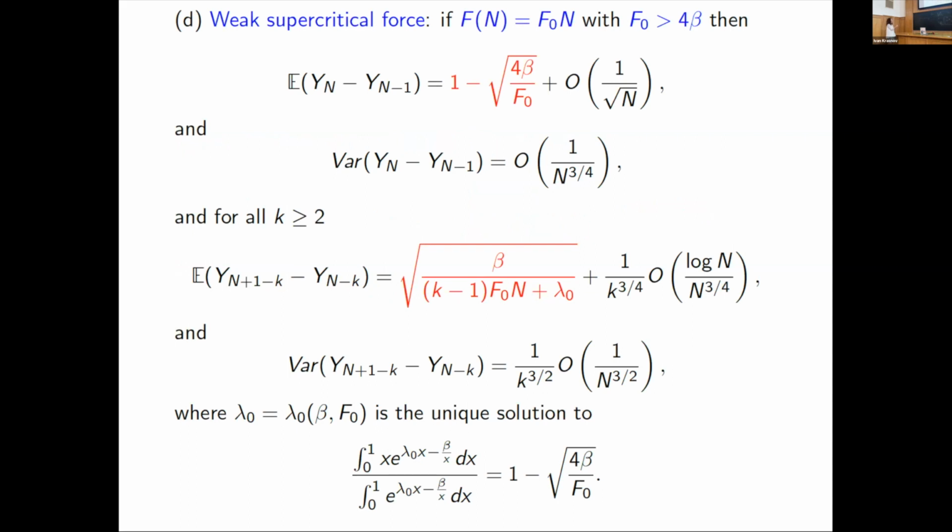So when it is a weak supercritical force, what I have here, the differences have expectation of order constant, and these differences, I probably better draw on a picture in a second.